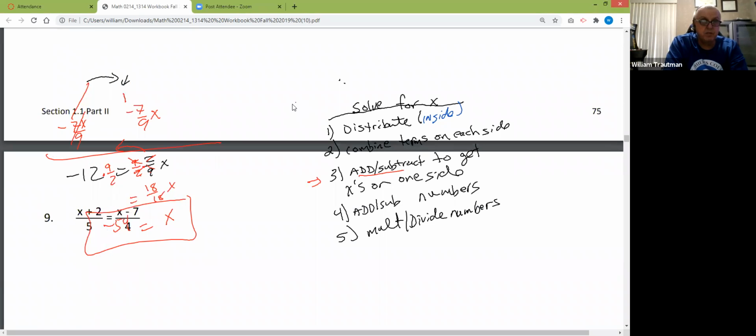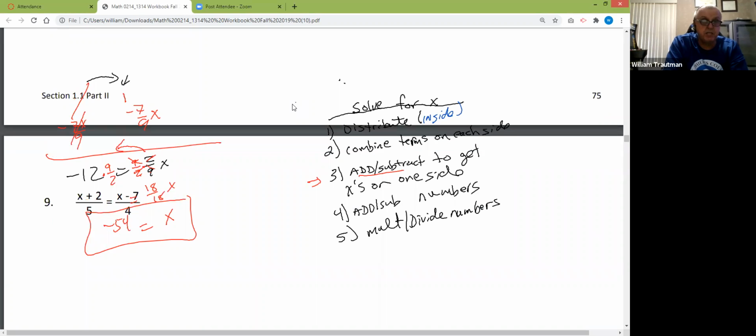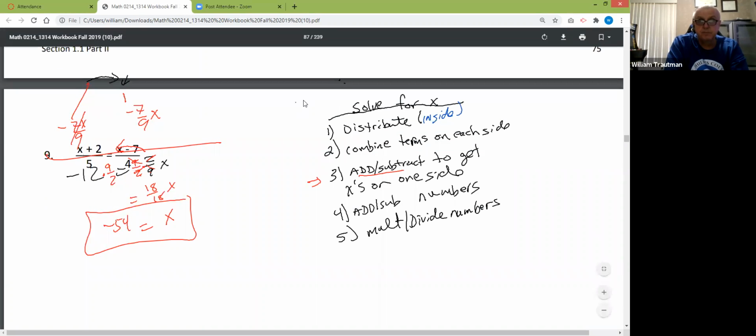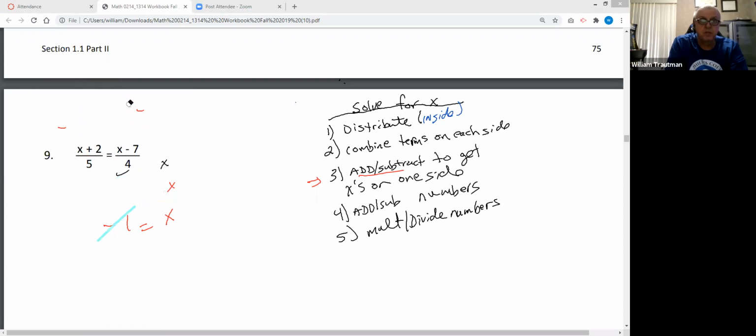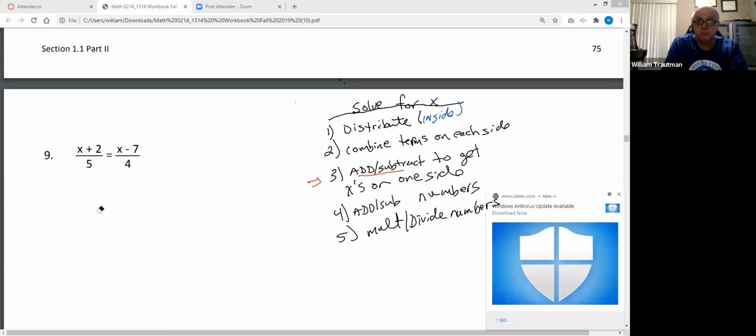I don't even know where we're at. We're on problem 9. Let me raise this up a little bit more. I need as much room as I can get.